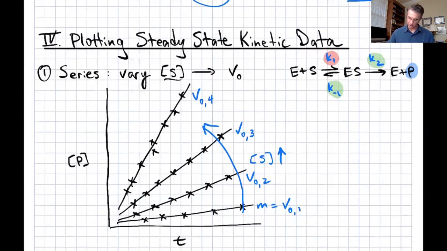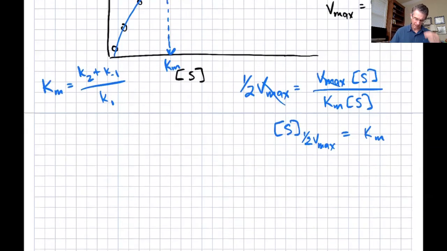Well, that's kind of cool, because that means the units up here have to be seconds to the minus 1 in that numerator, and this is molar to the minus 1 seconds to the minus 1, because it's a bimolecular rate constant.